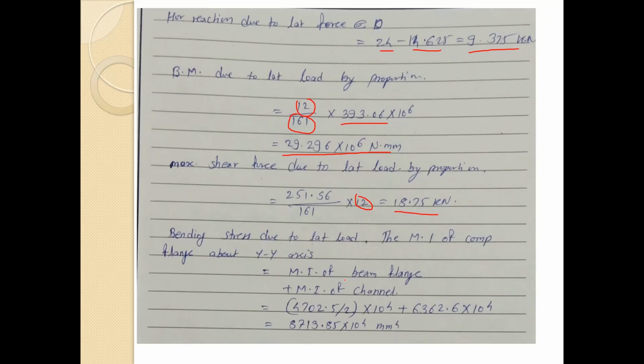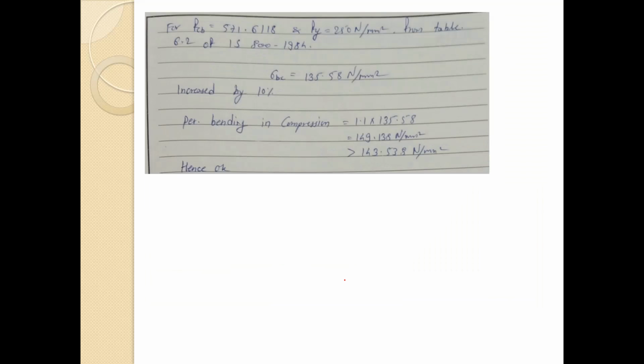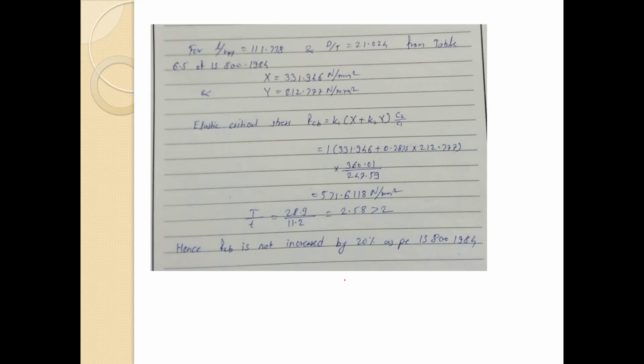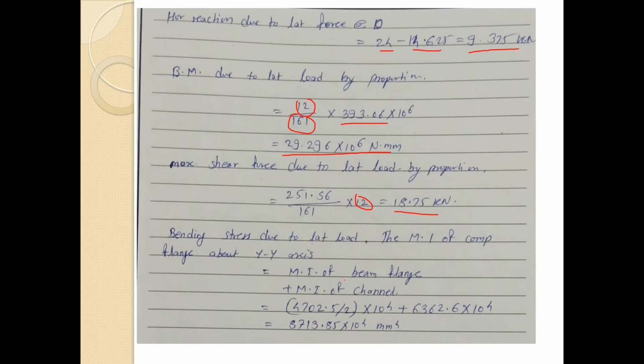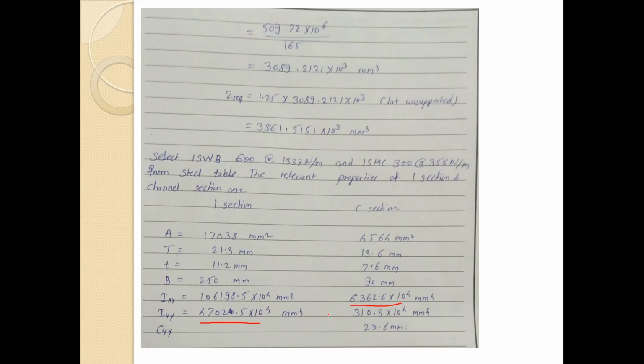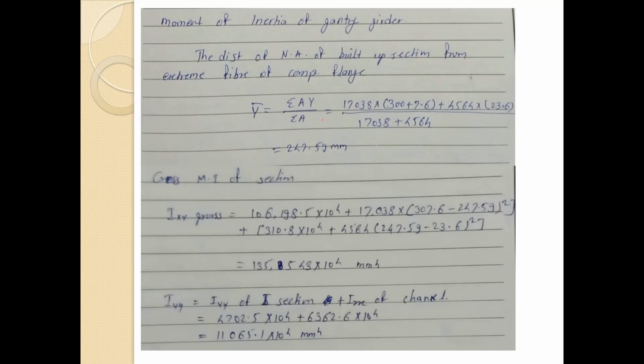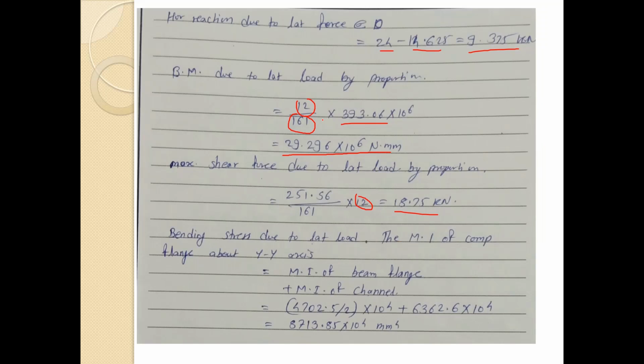So this value, that is 662, and this 4702, that is over here, is divided by 2.